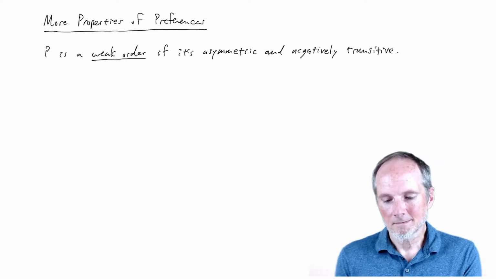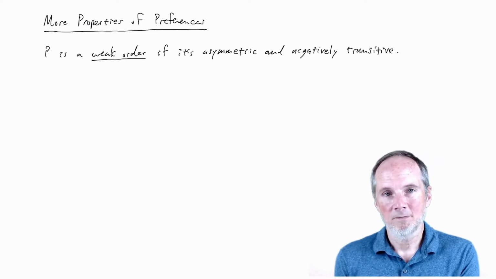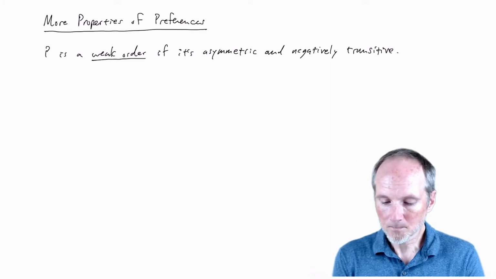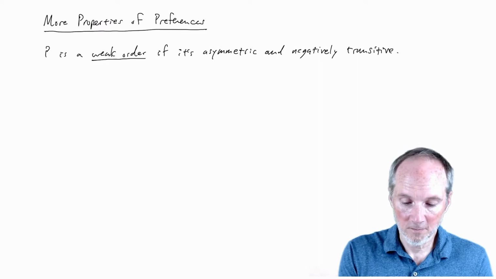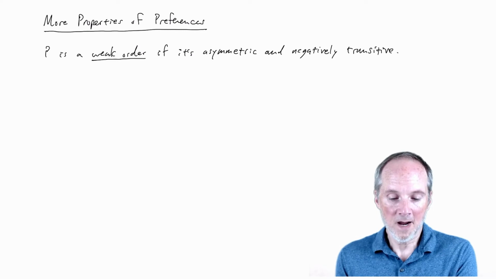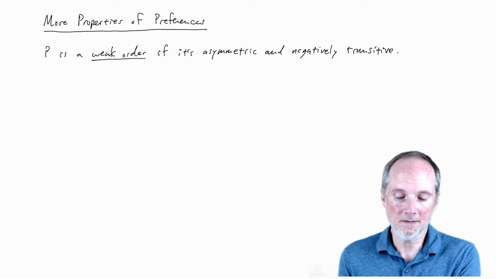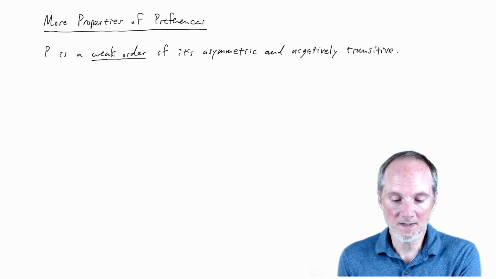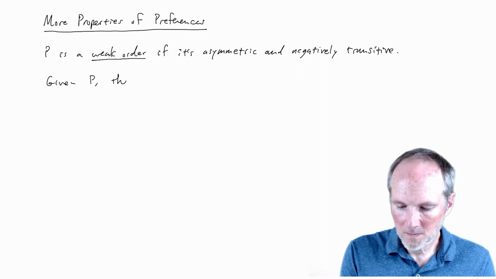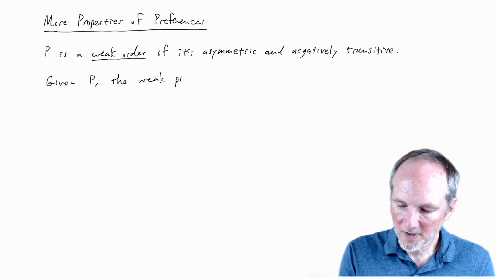And actually those kinds of comparisons come up quite a bit in formal modeling, and so we are going to define another preference relation. It's derived from P, and we're going to call that the weak preference relation that corresponds to P. All right, so given P, I'm going to define this weak preference relation.